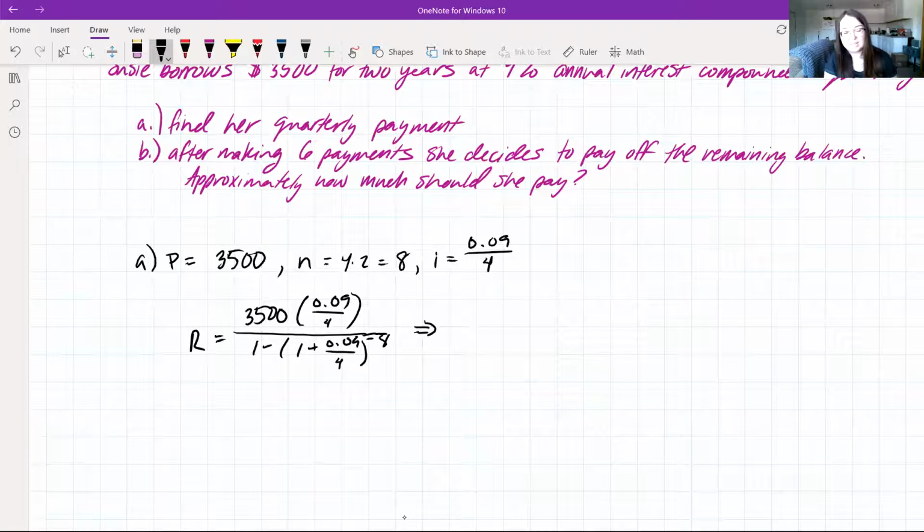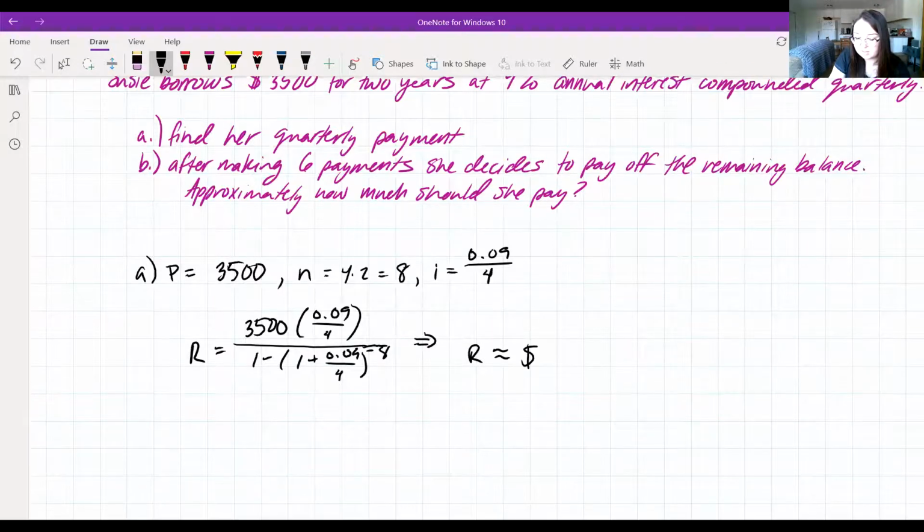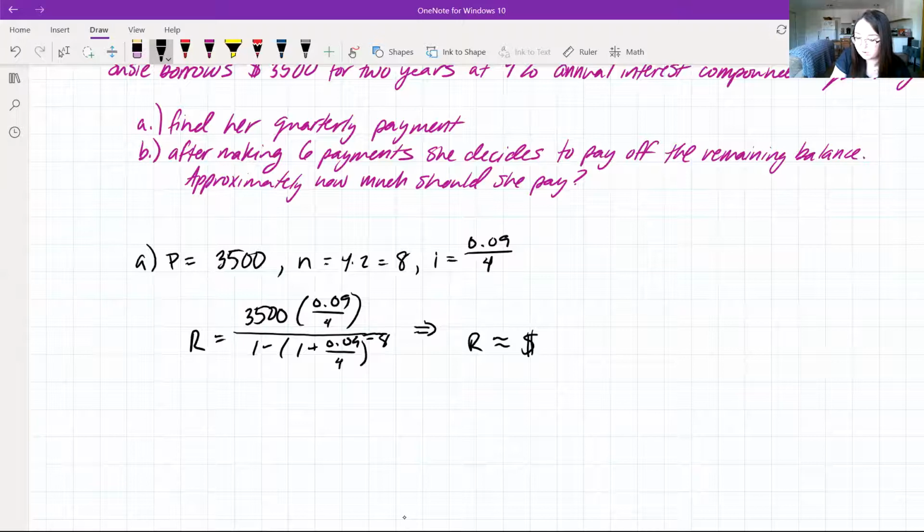I invite you to calculate this value on your own. And you should end up getting that R is going to be about $482.95. So your quarterly payments should be about $482.95.